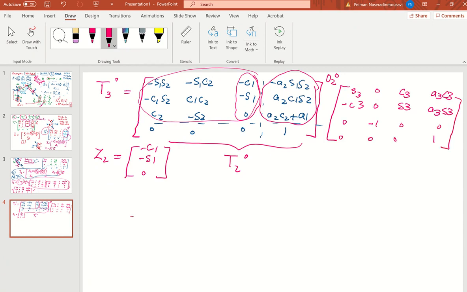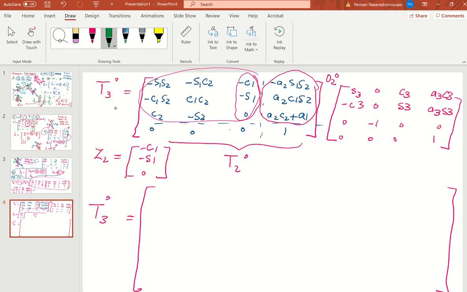So the result of T3 with respect to 0 is going to be a huge matrix that I'm going to simplify. So you have to multiply one by one. Okay, so let me do that because I want to double check with you again.